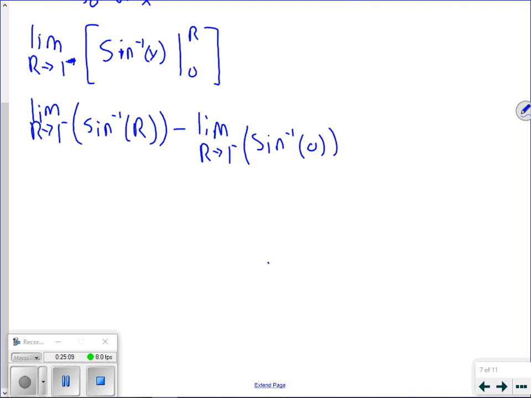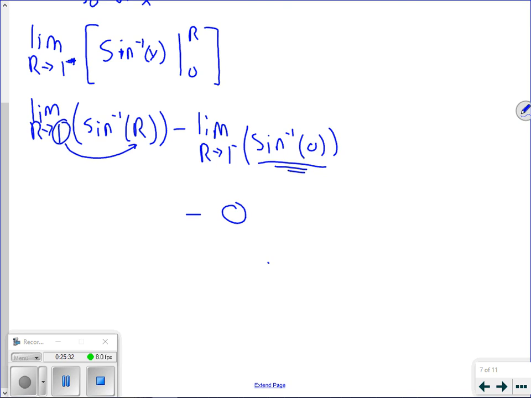If you want to compute each of these limits, on the right side there's no r in it, so it's just the sine inverse of 0. What do you have to take the sine of to give you 0? That would just be 0. And then the sine inverse of r. Well, r is just a value. It's 1 from the left, so I'll plug 1 into that.